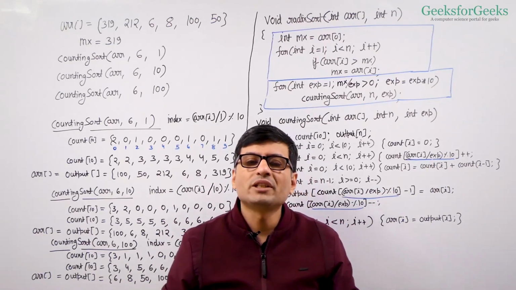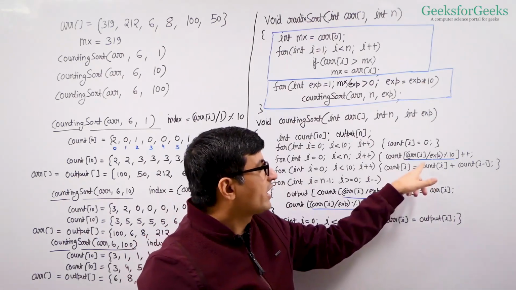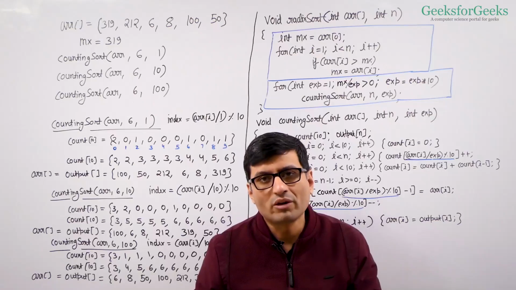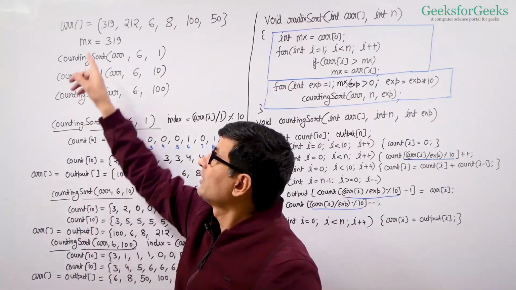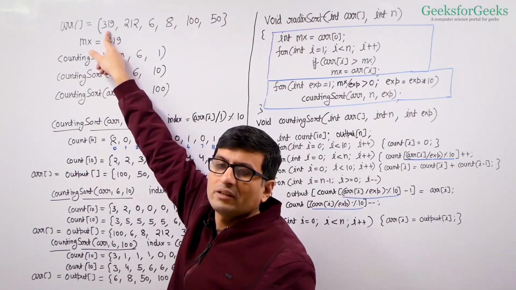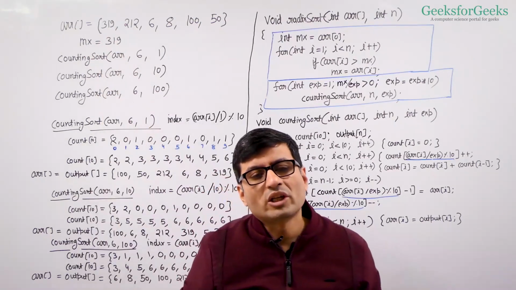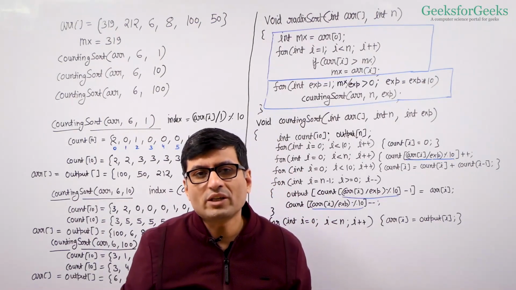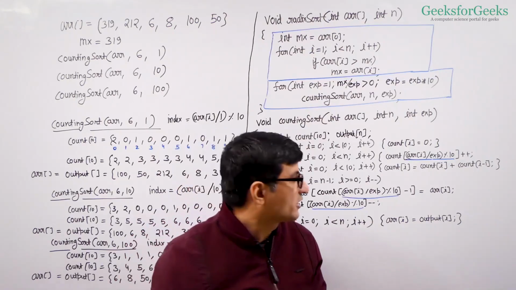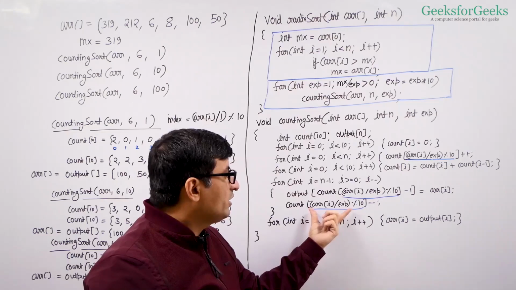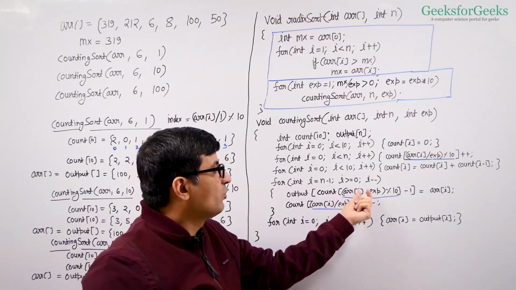Now say exp is 10, then you will divide array[i] by exp, which means your last digit will go off, right? For example, if array[i] is 319, if you divide by 10, what will you get? You will get 31. And if you do 31 modulo 10, you will get 1, which is your second last digit.